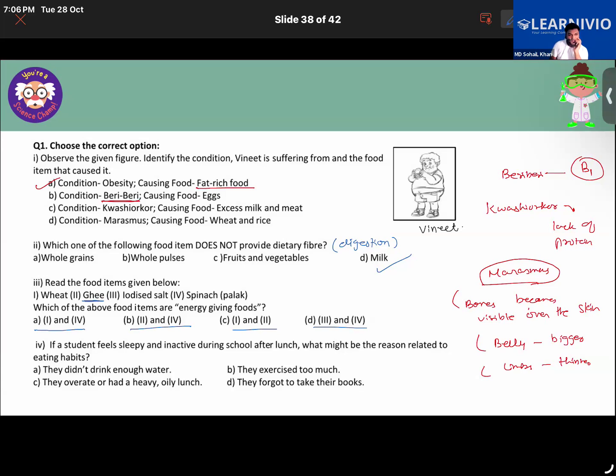It's fat. Fat also gives energy, but fats are an energy reservoir. They don't give you energy instantly, but when you don't get enough carbohydrate, your body will burn the fat to get energy. So which option is correct? Wheat and ghee, so option number C, one and two. Okay, next.